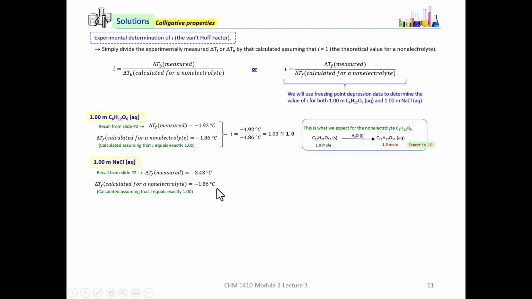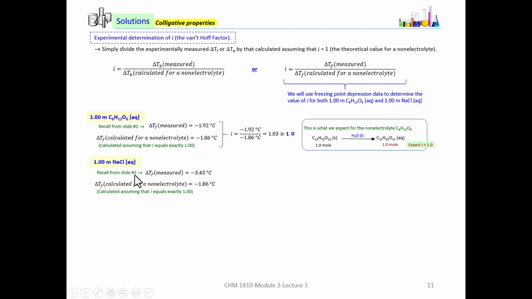You might say, now wait a minute, why are you using the results for the glucose calculation from the previous slide for the sodium chloride? Remember, the definition of how to get the Van't Hoff factor is you take the experimentally determined freezing point depression and you divide by the freezing point depression you would calculate for a non-electrolyte.